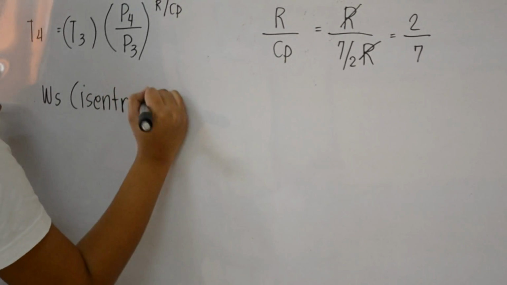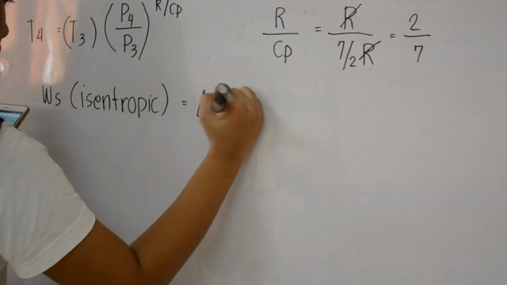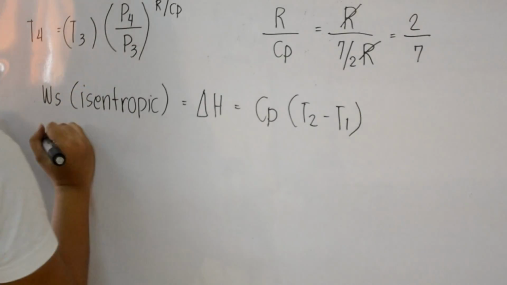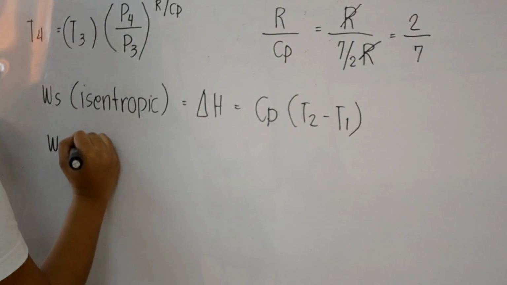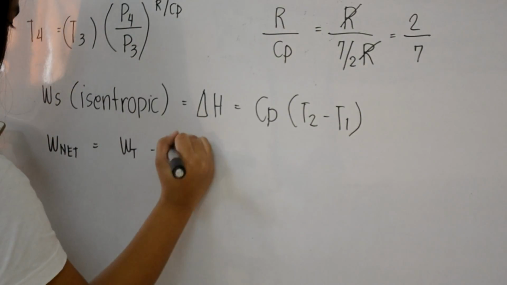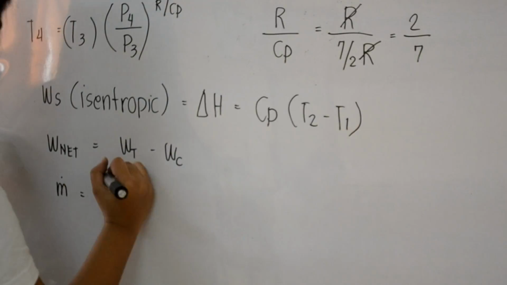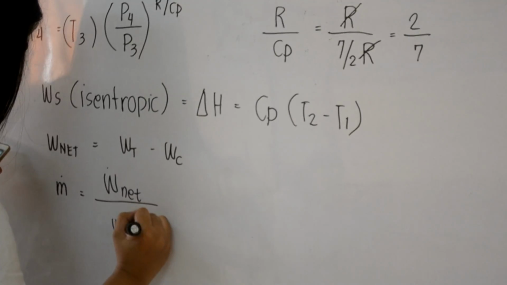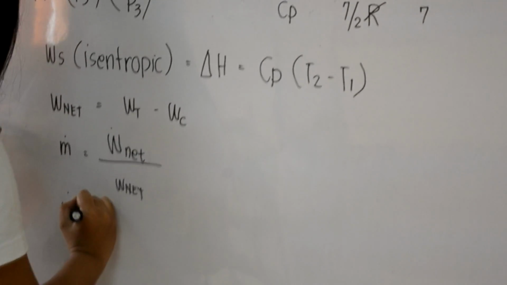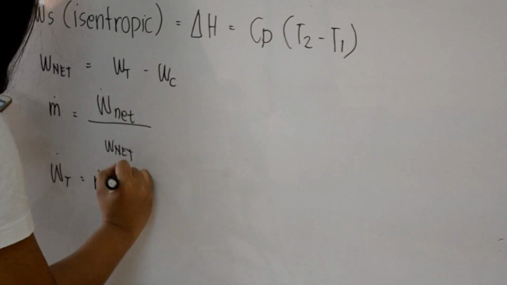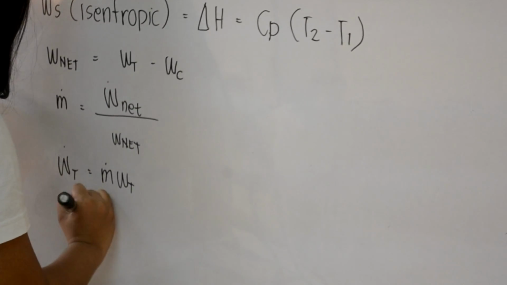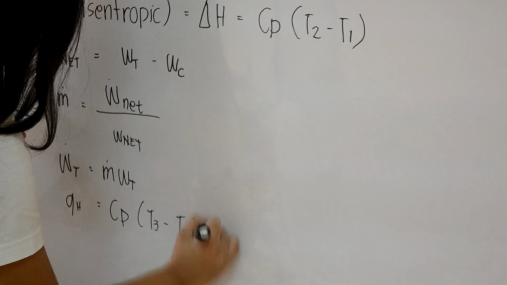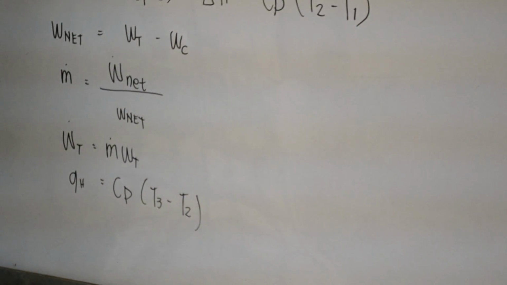W isentropic, which is equal to delta H, is equal to Cp times the quantity T2 minus T1. W net is equal to W sub T minus W sub C. Mass flow rate is equal to W dot net over W net. W dot sub T is equal to mass flow rate times W sub T. And Q sub H is equal to Cp times the quantity T3 minus T2.